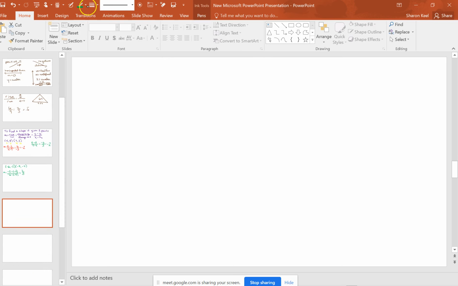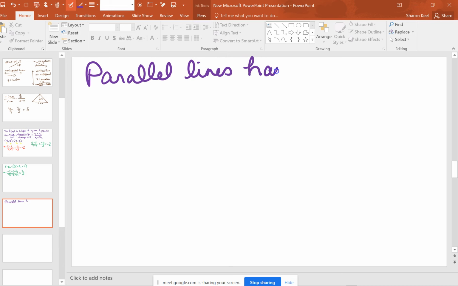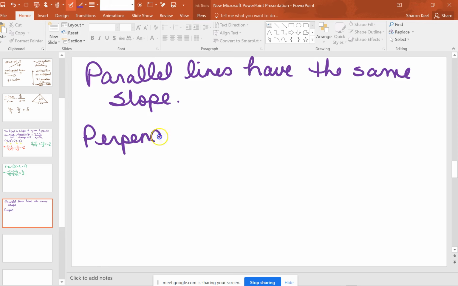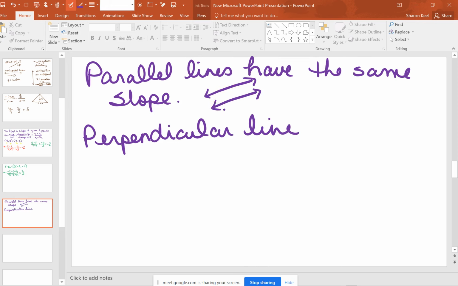The next concept we need to talk about still in this section is parallel and perpendicular lines. Parallel lines have the same slope. An example of parallel, they would look like this, two lines that never touch.